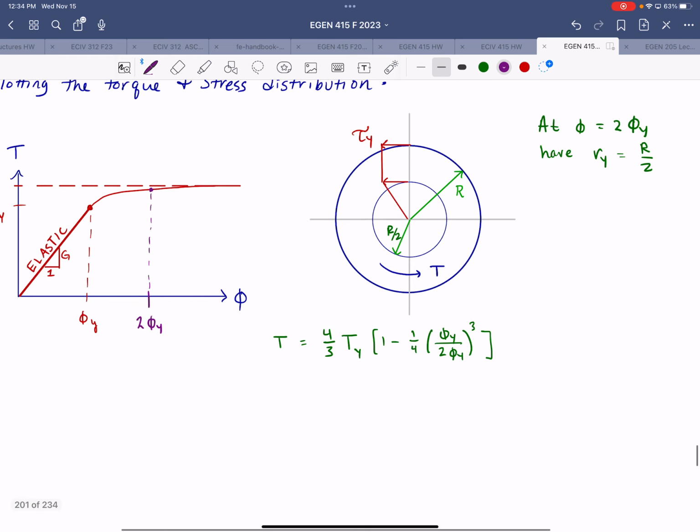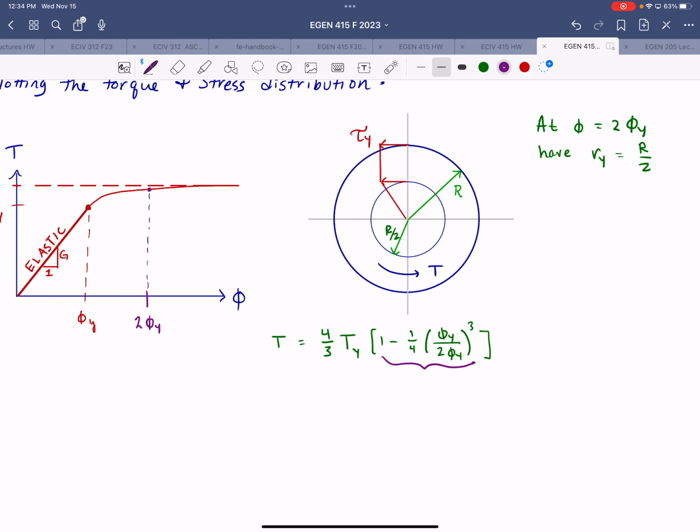All right, and so this value in brackets comes out to be 31 over 32, if you run that math. And that gives us a torque of 1.292 times the yield torque. All right, so that's our torque there.